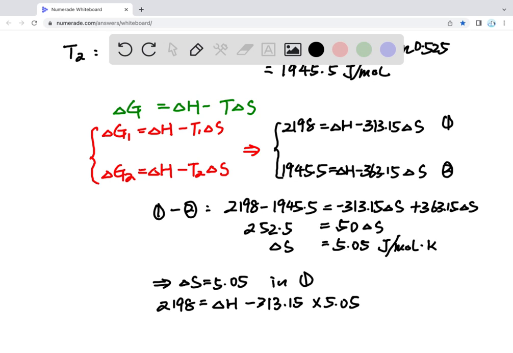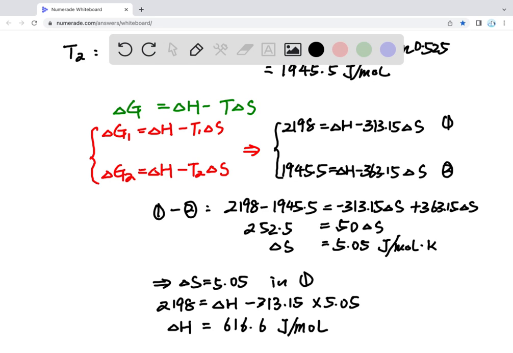So in this case, the delta H equals about 616.6 joule per mole.